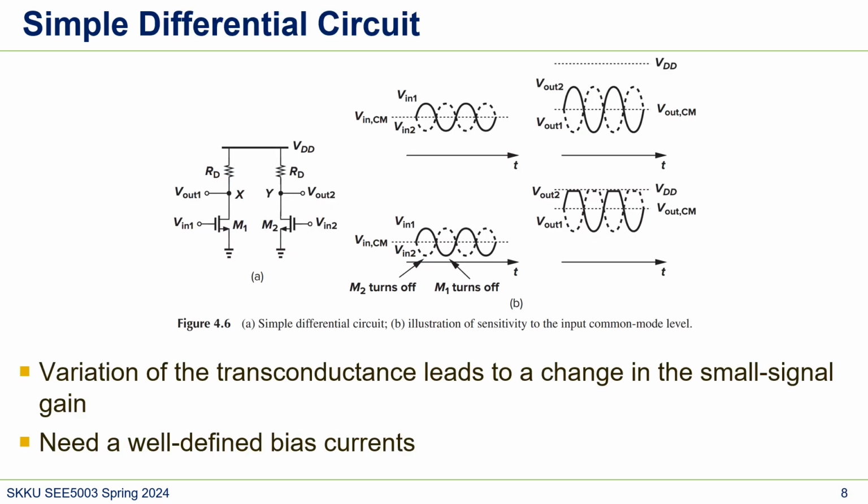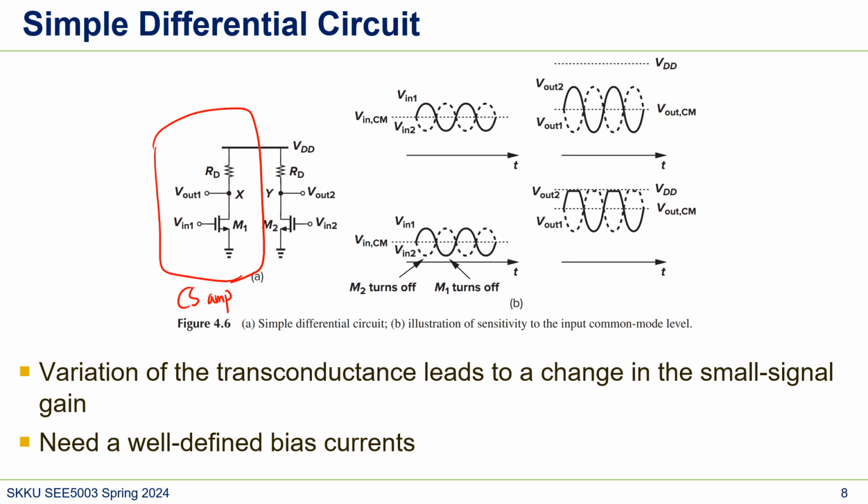First, we can think of a very simple differential circuit, which is just a duplicate of two single-ended circuits. For example, this single one, what is it? This is a common source amplifier, right? But this is single-ended.